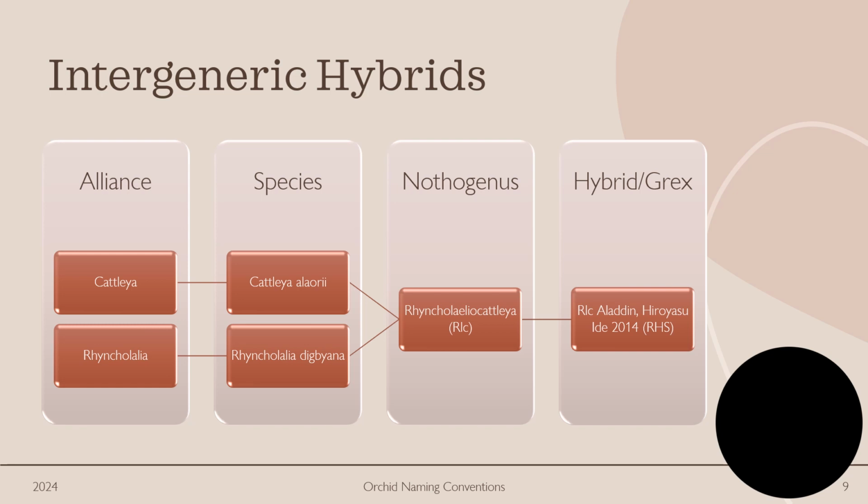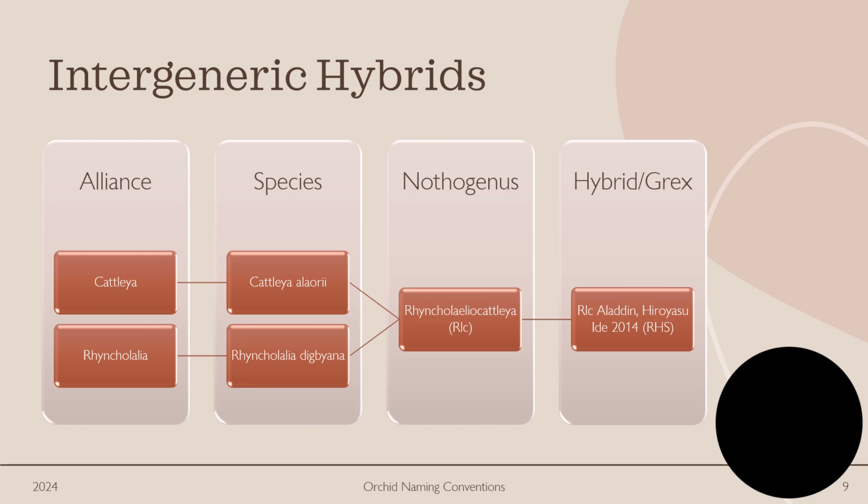The two that we would know most well are the Oncidium Odontoglossum alliance and the Cattleya alliance. When you cross two different genuses, you get a hybrid which is known as an intergeneric hybrid. And this creates a new genus quite often, which we refer to as a nothogenus.